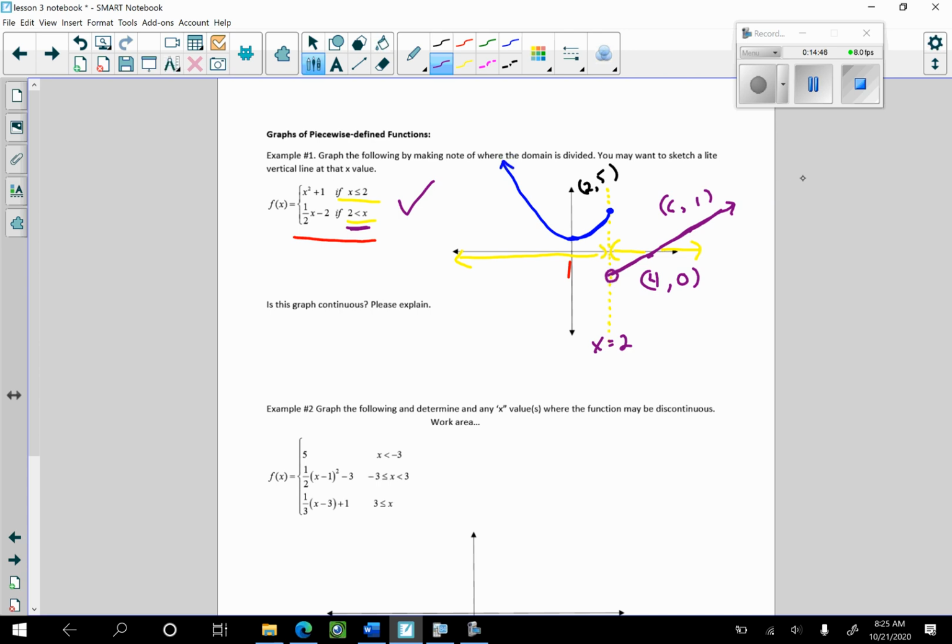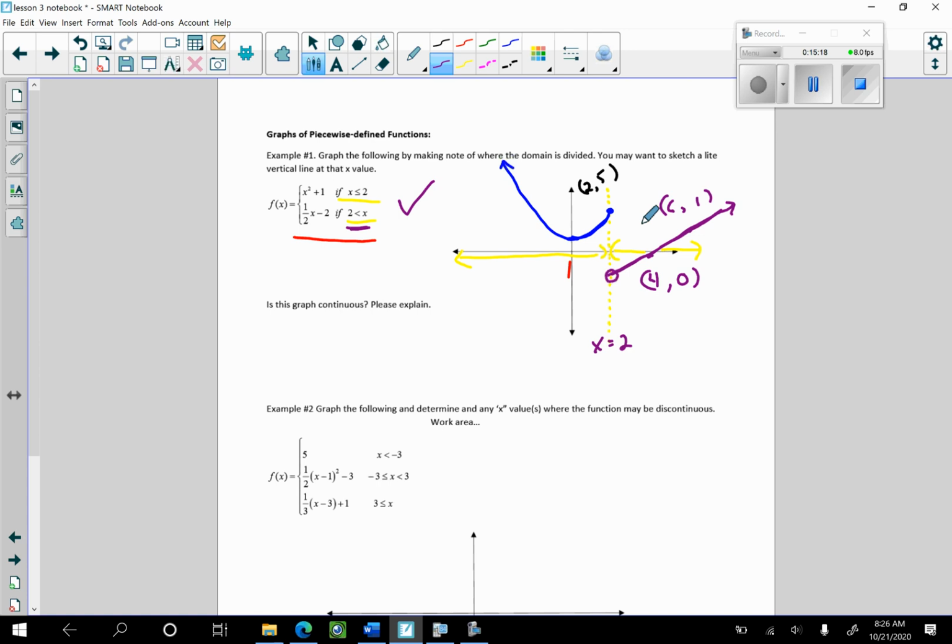And another thing, if it is a piecewise function, you will never have a solid circle over a solid circle. It has to be a solid circle over an open or an open over a solid. Otherwise it wouldn't pass the vertical line test and it wouldn't be a function. So now, here is a question. Is this graph continuous? Okay, Ethan, why not?